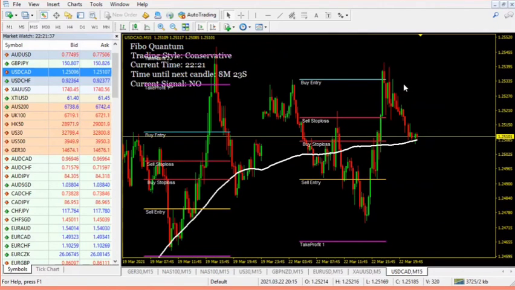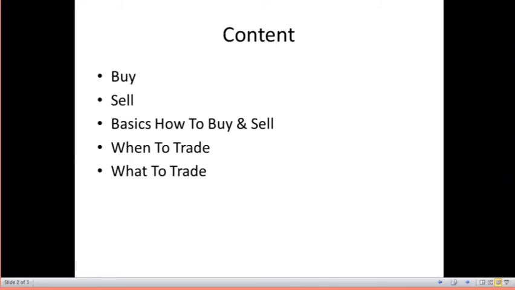Those are the things that you need to be looking at and aware of if you actually want to be trading with this system. It's very simple to understand. It's not too complicated or difficult. You just need to understand it a little bit more.